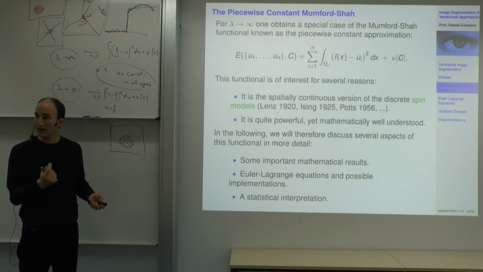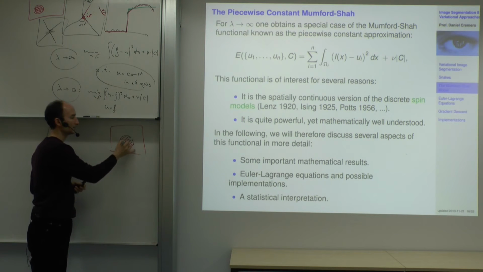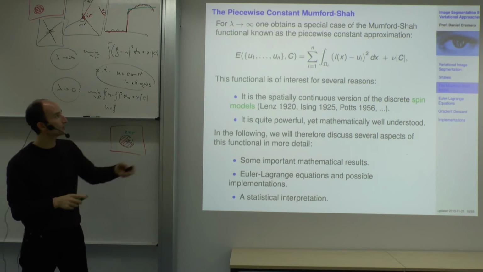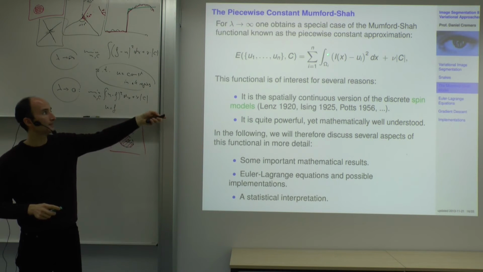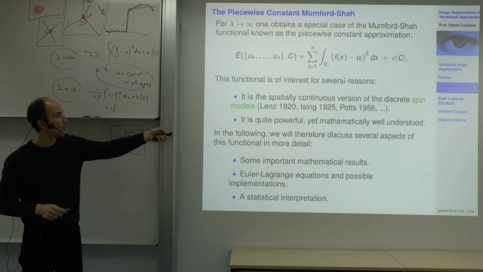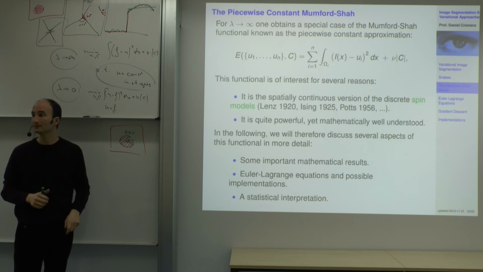If this circle, say, has radius r, then the boundary length is 2 pi r, and that is the cost you're paying here. And what you gain is you have a better fit because you can set the constant outside to white and inside to black, and so the data term is 0 and all you pay is 2 pi r.